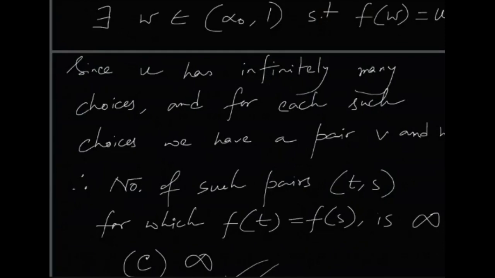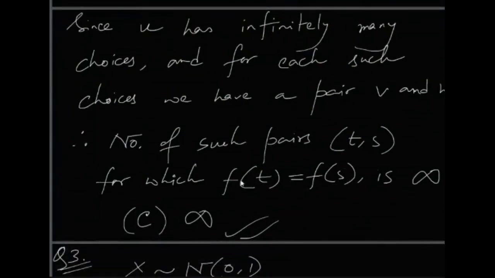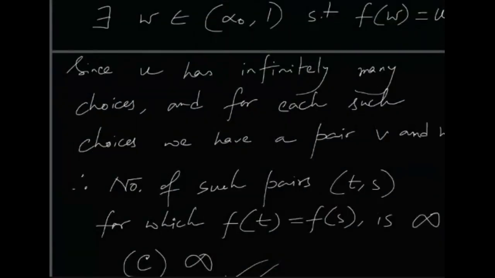Therefore, the number of such pairs t comma s for which f of t is equal to f of s is infinite, because u has infinitely many choices. And if I take k equal to c, that just becomes the constant function, and for the constant function you can easily check that it has infinitely many such pairs. So option C, infinite, is the correct answer.